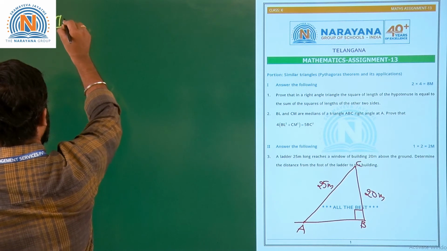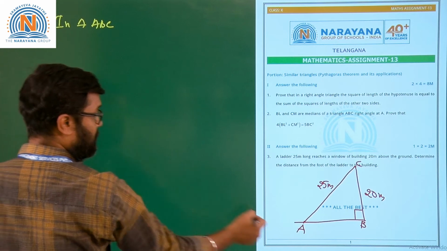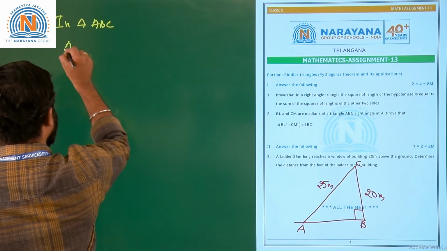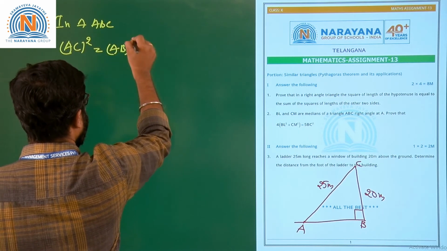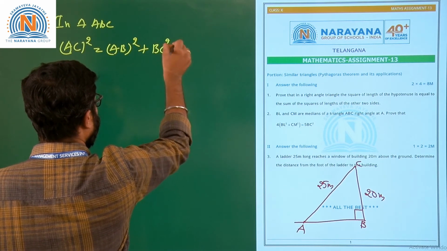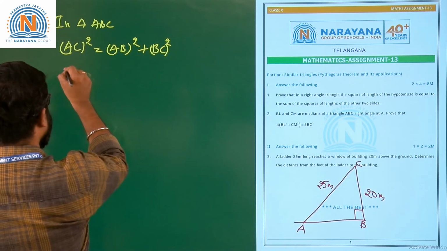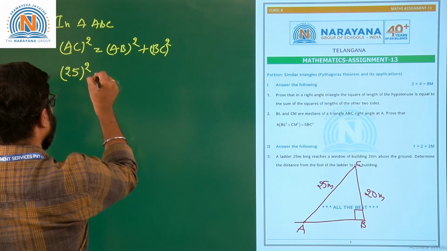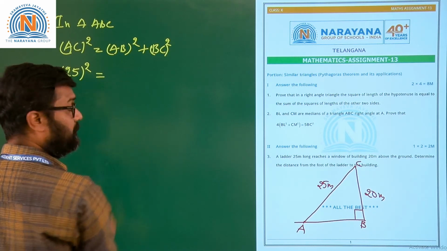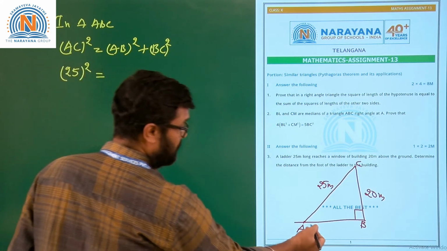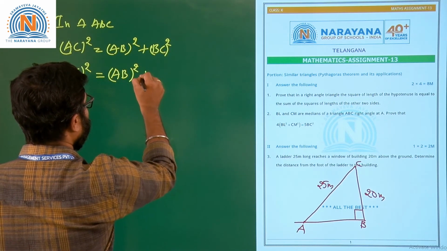So now in triangle ABC, what is the hypotenuse, children? Here AC square. AC square is equal to what, children? AB square plus BC square, isn't it? So what is AC, children? Here 25, that is 25 whole square is equal to AB square, we don't know, we need to find that, plus what is BC, children?